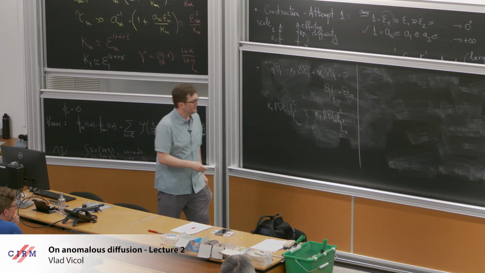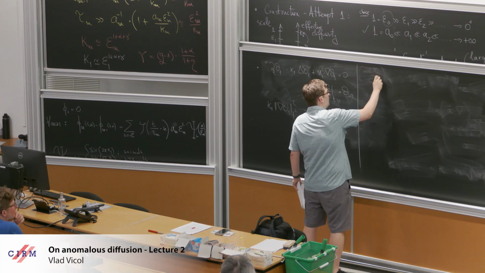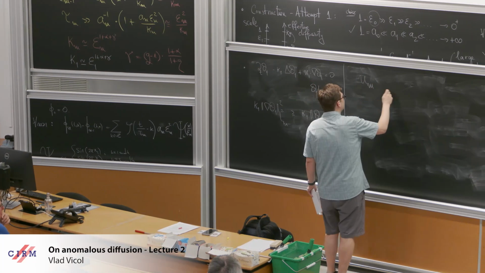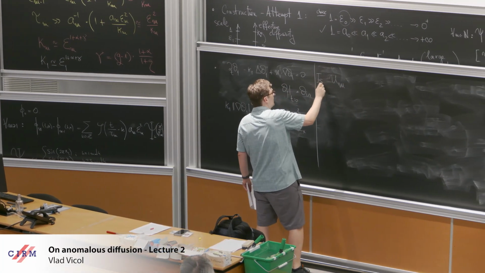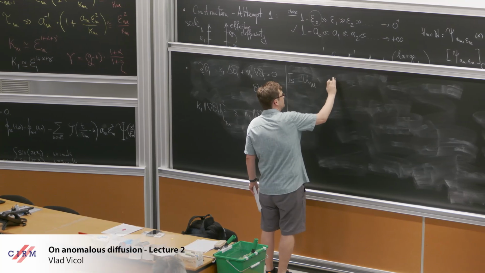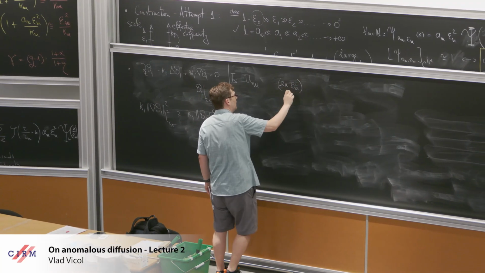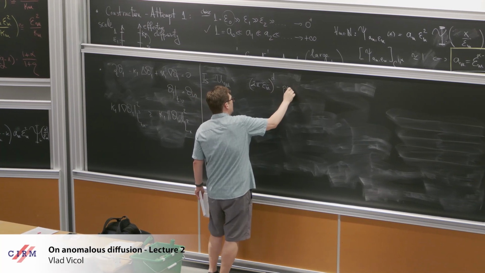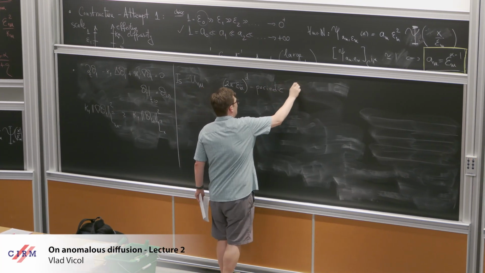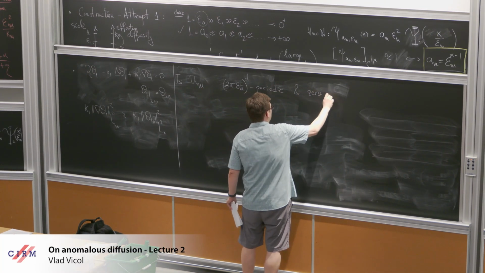So we are at level little m, and we're asking, is this 2 pi epsilon m to the d periodic and zero mean?